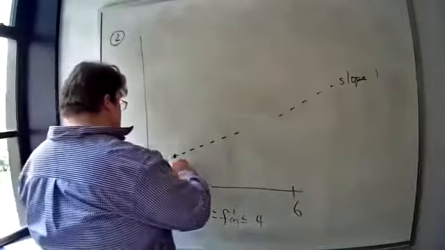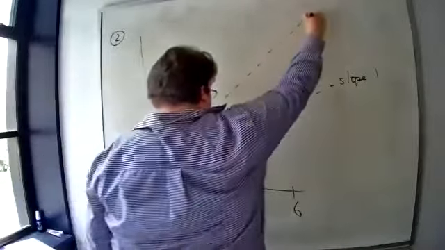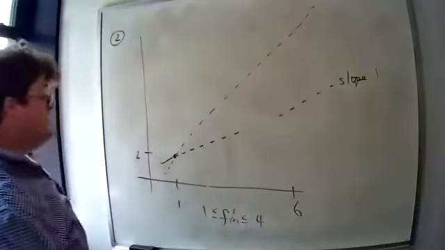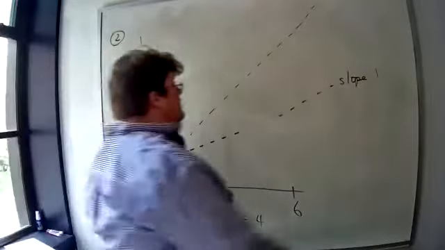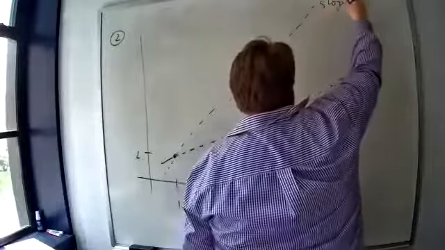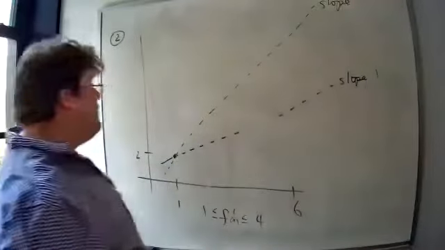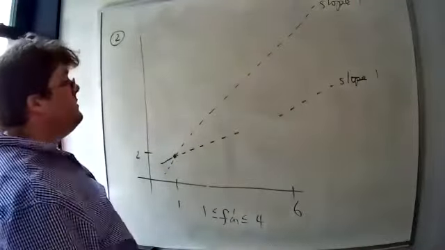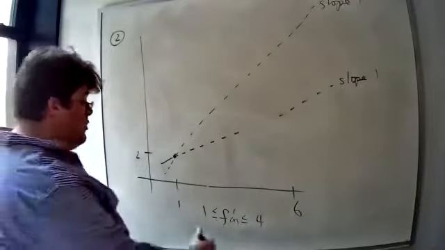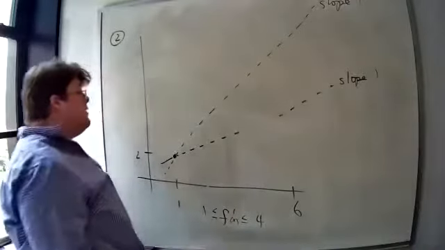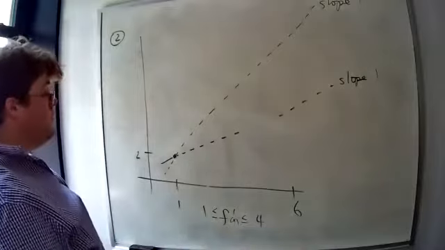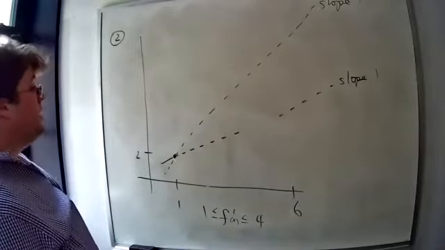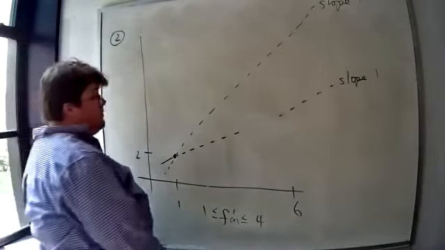And similarly, the slopes of tangent lines can't be larger than 4. So the function, whatever it is, must lie between or equal to, because we have equal to, those two dotted lines.